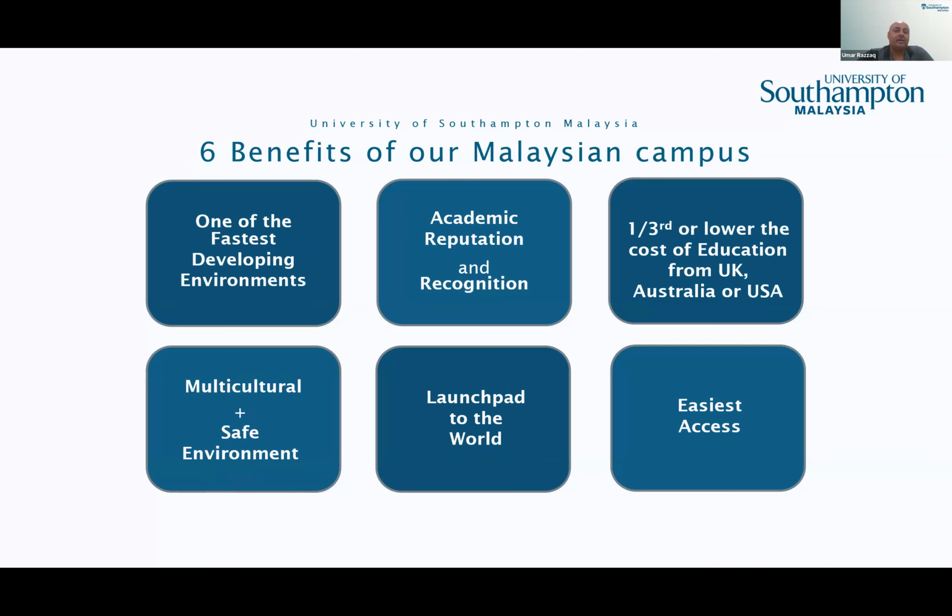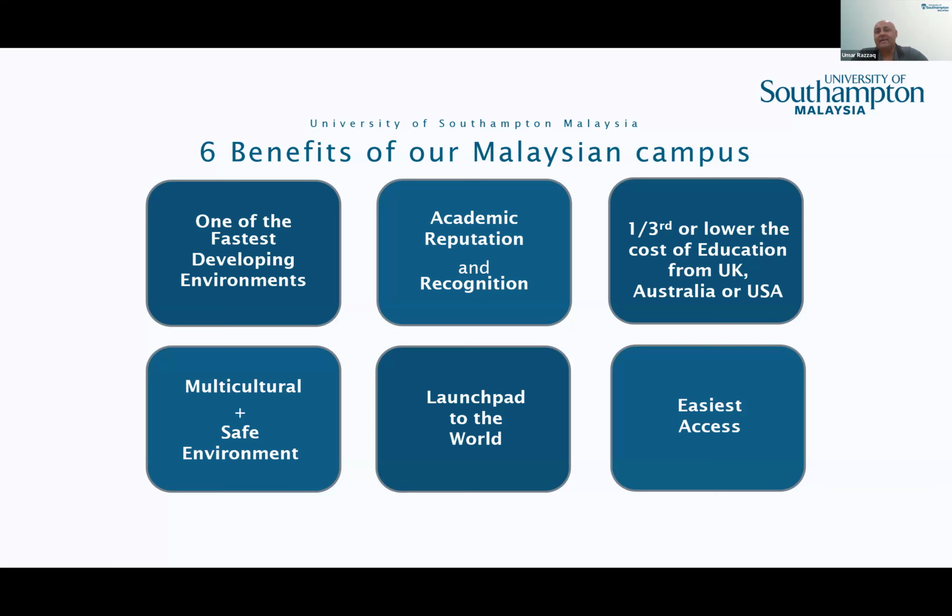Okay, now against that, 6 benefits of the Malaysian campus. One of the biggest reasons is that Malaysia is still considered in Southeast Asia one of the fastest developing environments behind Korea, Japan, and Singapore, for example, right? A lot of resources, a lot of development.